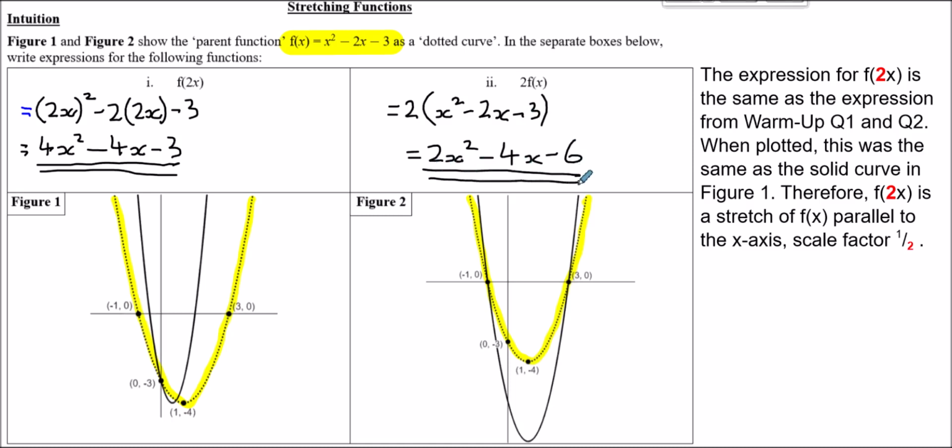And again, that's exactly what we were plotting in the warm-up. This is what we plotted, and we talked about in the warm-up how this happened to be exactly a stretch scale factor 2 in the y direction. We've just shown that this is one and the same thing as 2 lots of f of x. So in other words, we can say this.